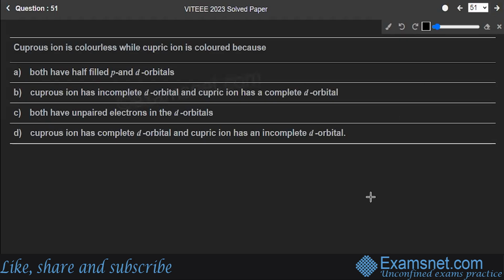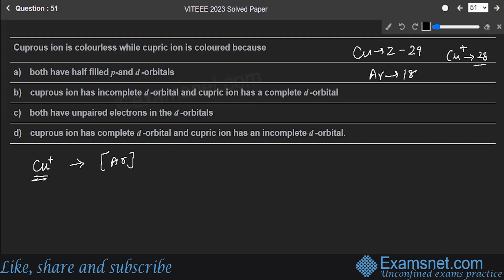Cuprous ion is colorless while cupric ion is colored. Why? The cuprous ion, given by Cu plus, has argon core, with argon having atomic number 18. Copper has atomic number 29. So for cuprous, one electron has been removed, and now it will have 28 electrons. So this is argon followed by 3d10. There is no unpaired electron, so it is colorless.